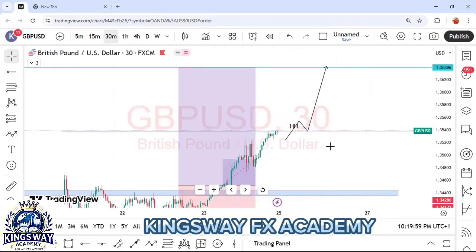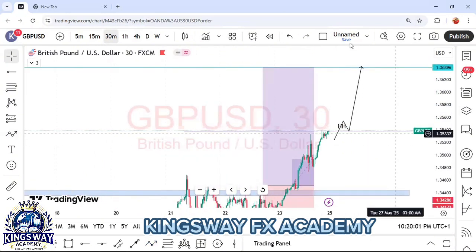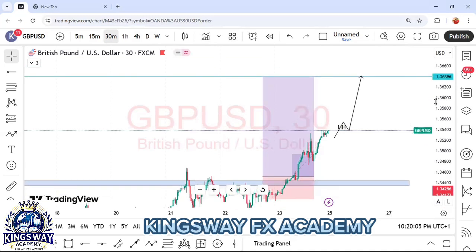I'm not seeing any possible direction where I'm expecting the market to pull to, because the zone at this support level here is a bit far from this point. So I won't pay much attention to GBPUSD. I'm more focused on trading gold and US30 in the coming week.